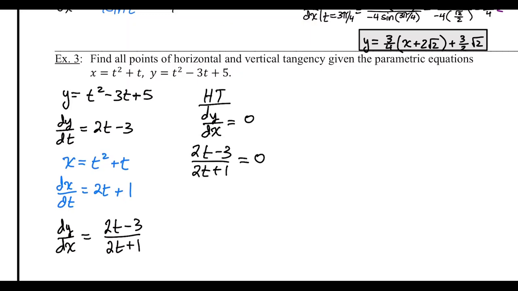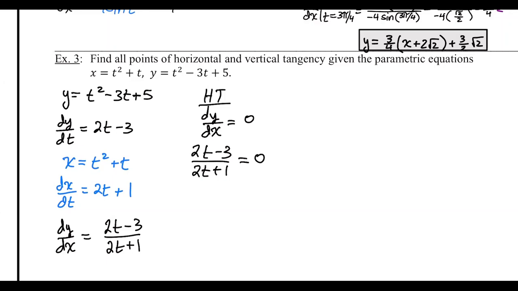Sometimes there's a common factor between dy/dt and dx/dt that cancels out. That common factor could be, it's weird, but it could be a horizontal tangent. It could be a vertical tangent. It could be a corner. It could be a cusp. It would take a lot for it to be a corner, but it could be a cusp. There's a lot of things that could be going on there. It could simply just be where the function or the equation is undefined, right? So we don't want to immediately dismiss it out of hand. We need to investigate, right?